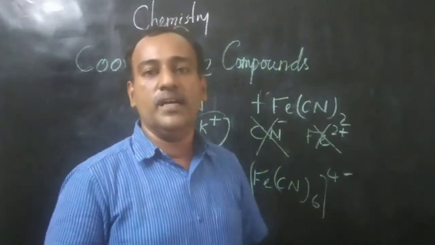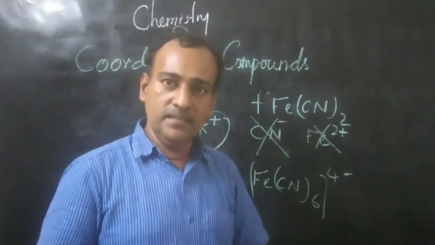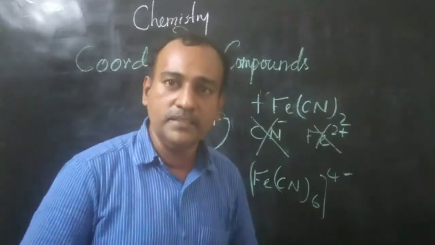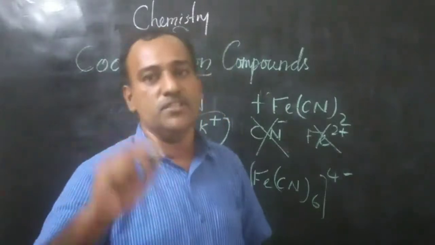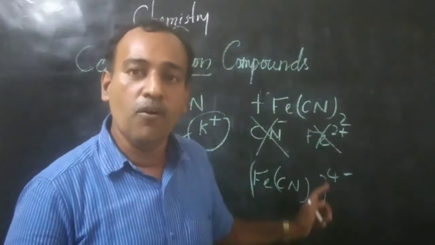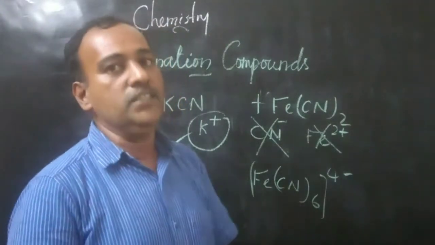Such a molecular or addition compound which does not give the result of all the constituent ions in solution is called a complex, or it is called a coordination compound.